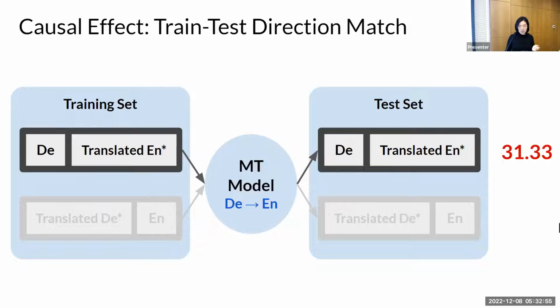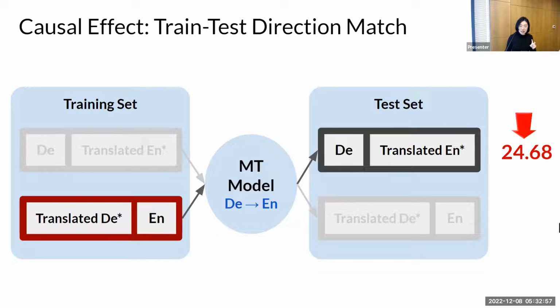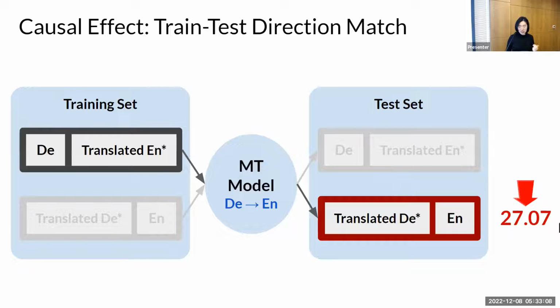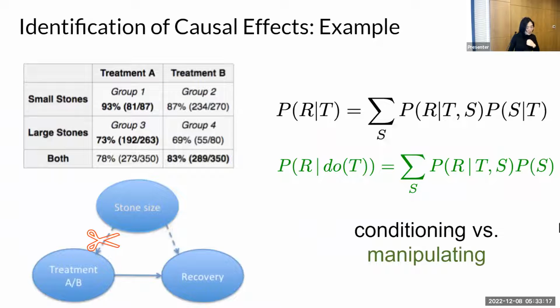We did go through a randomized control trial similar setting, and observed a large drop when we shifted the alignment between the training set and the test set, and another drop in the other direction. So these are some cases in machine learning where we do have control of RCT. Then we will dive into more examples where we don't have full power to do experiments, but rely on observational data.